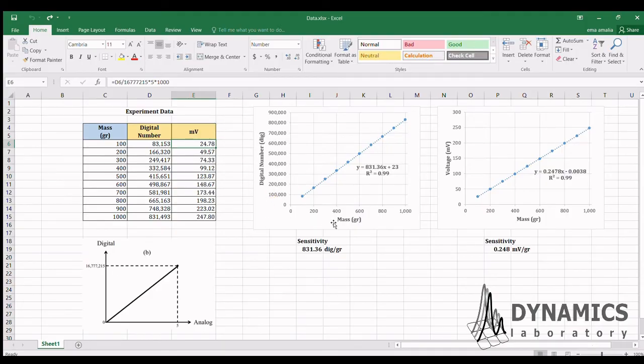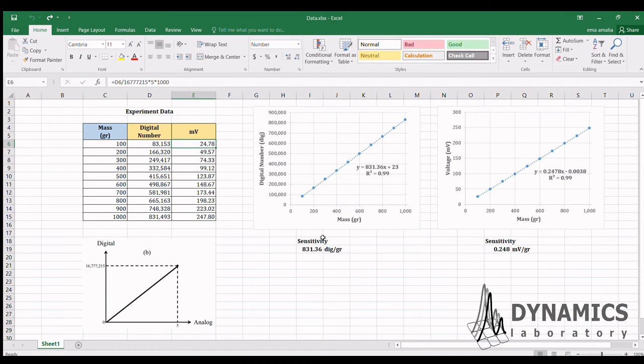As a result, we can plot a graph with reference mass as our x-axis and digital number or voltage as our y-axis. The blue dots over here are our data. We can perform linear regression on our data and we get the linear equation over here. The gradient of the linear equation is the sensitivity value.